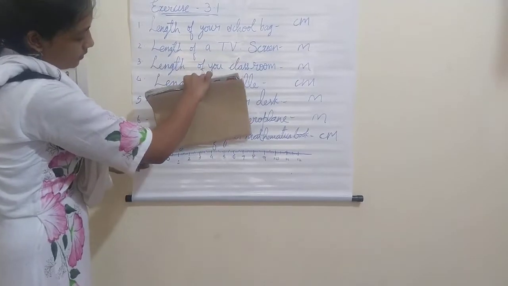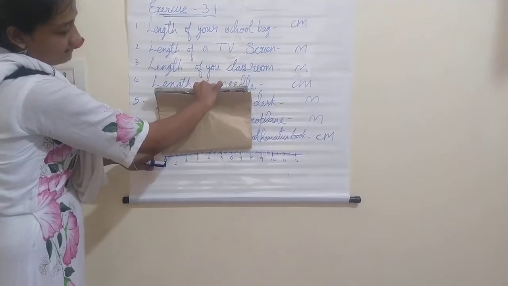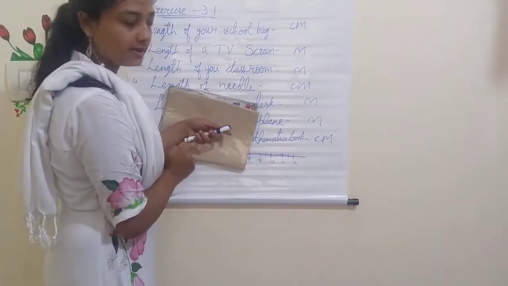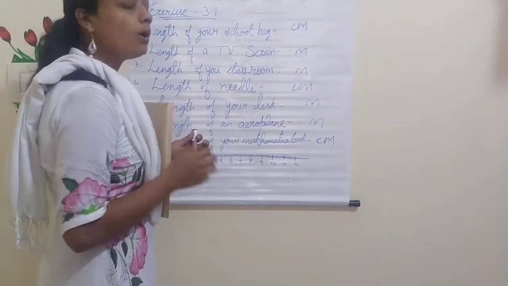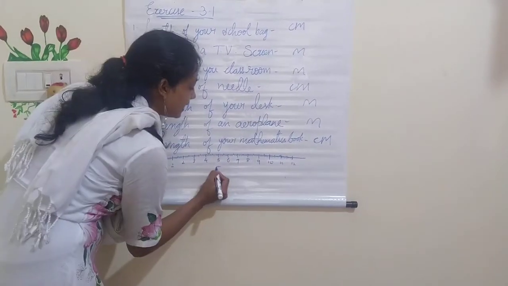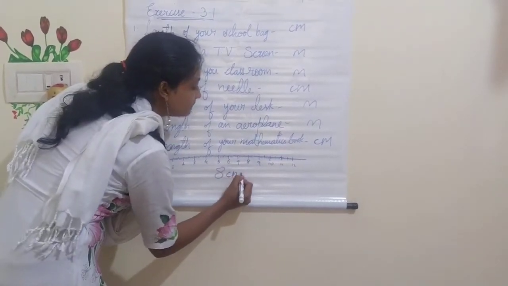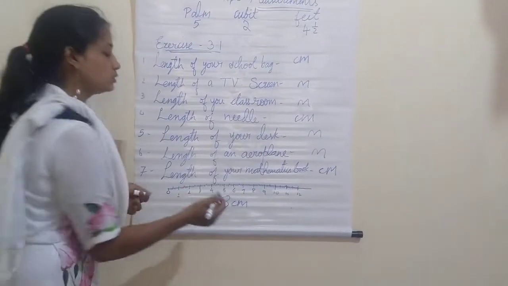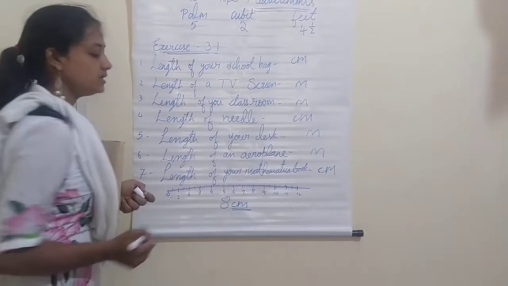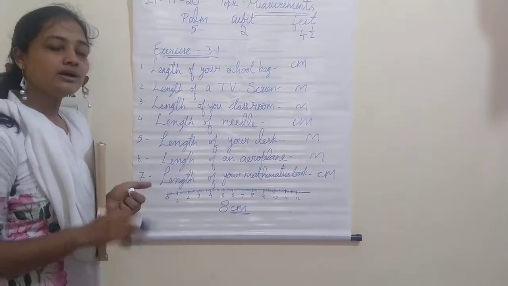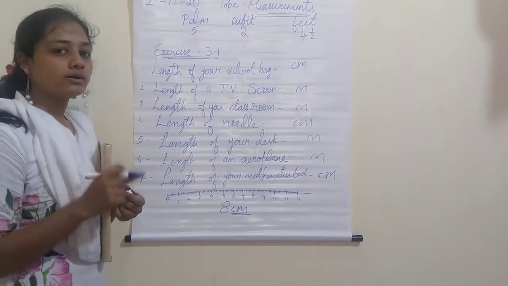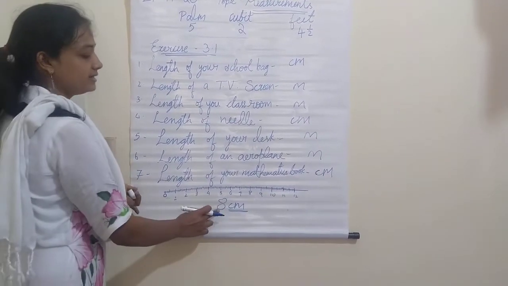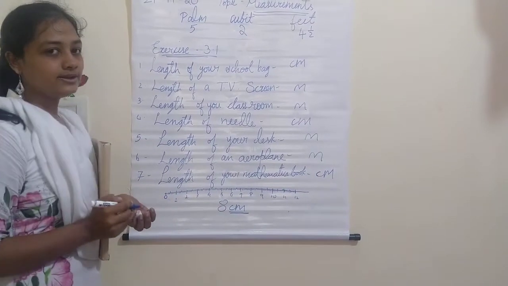I'll keep my book at the 0 edge and I will see the other edge here. How much is this measuring? 8. So my book is 8 centimeters. Children, all these are centimeters, right? So I have to write centimeters. If I don't write centimeters, my answer will be wrong. So when you measure things also, you should write the number and centimeters next to that.